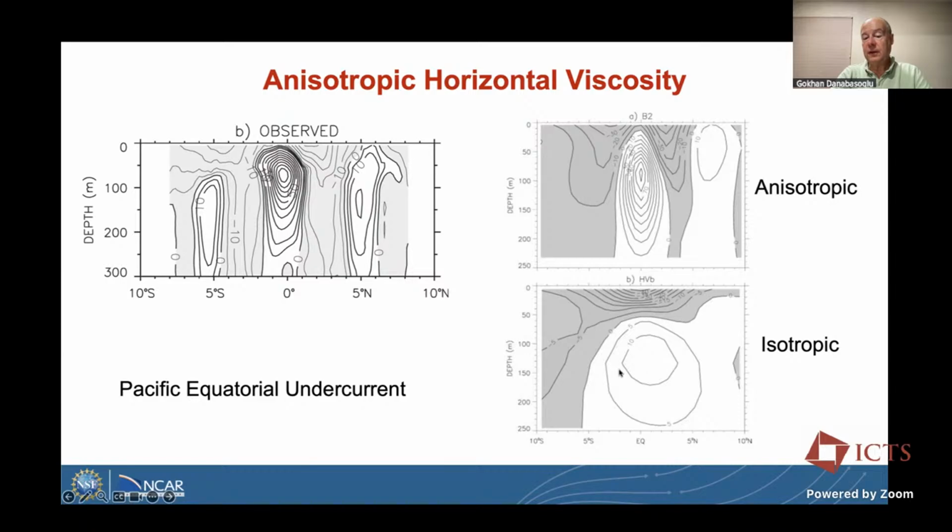You can see that it's an anemic undercurrent and rather broad. But if we use what I just described on the previous slide, anisotropic viscosity with rather small diffusivity or viscosity values across the equator for the zonal momentum equation, then we get a pretty good structure of the equatorial undercurrent. So you can see that there's a really nice match in the current structure.